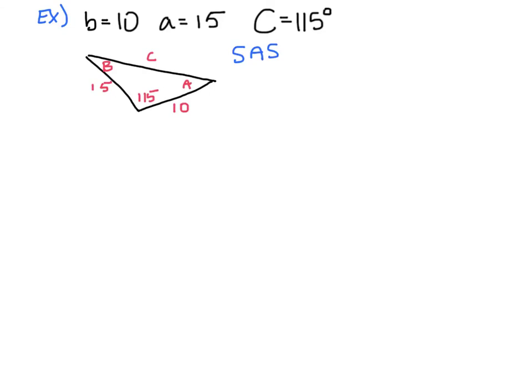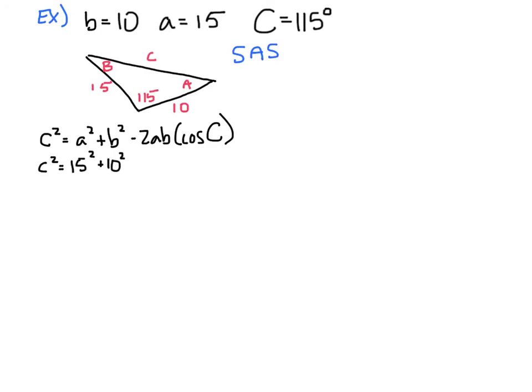So I'm going to start off just like last time with that. C squared equals A squared plus B squared minus 2AB times the cosine of C. And I'm going to solve for the side C. So C squared equals 15 squared plus 10 squared minus 2 times 15 times 10 times the cosine of 115 degrees.